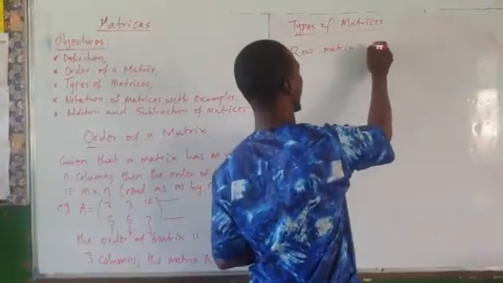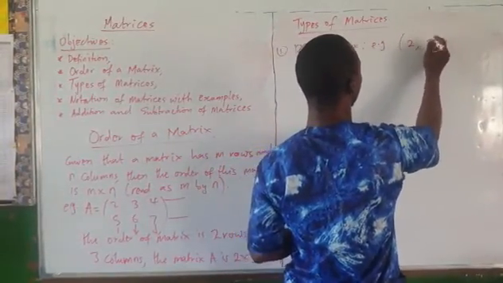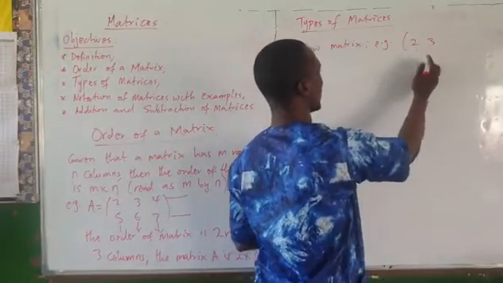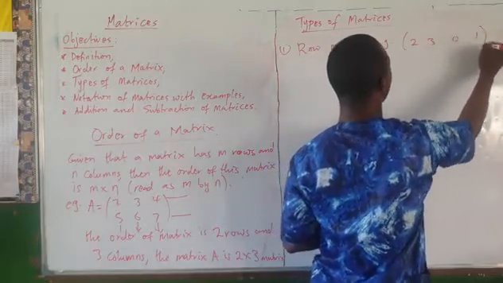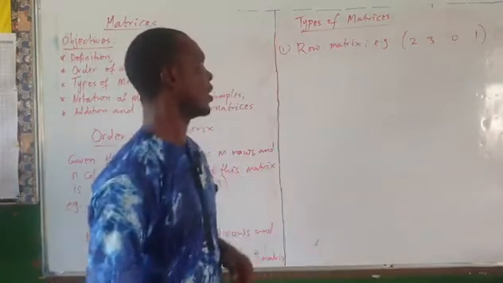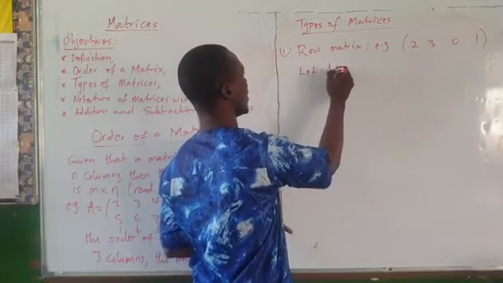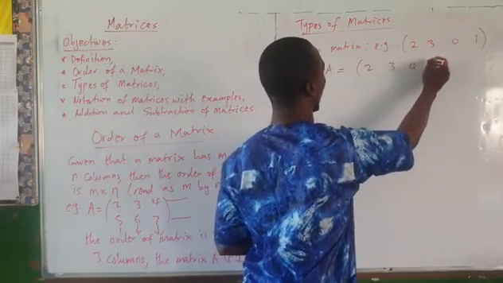For example, 2, 3, 0, 1, with no comma inside the bracket. This is a row matrix. Let A be the matrix 2, 3, 0, 1.